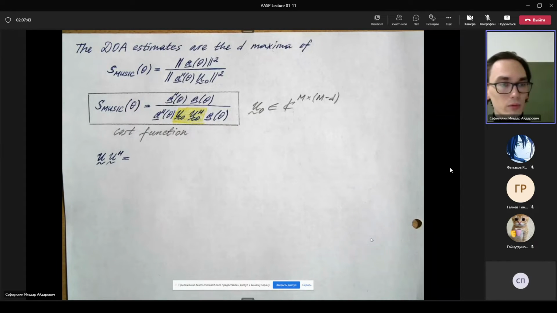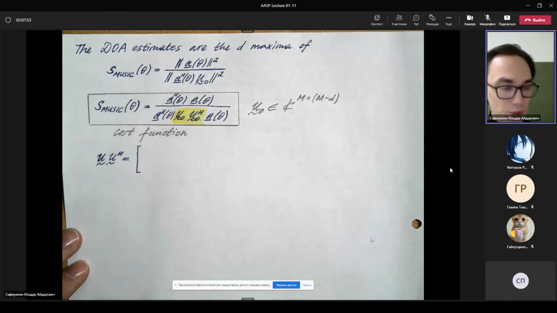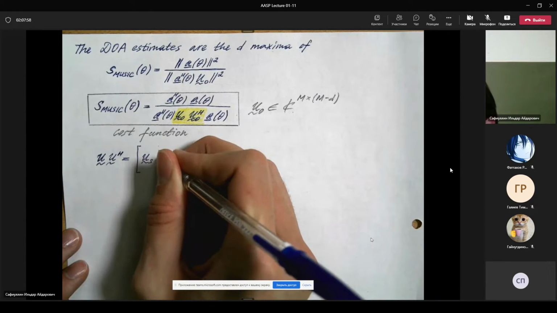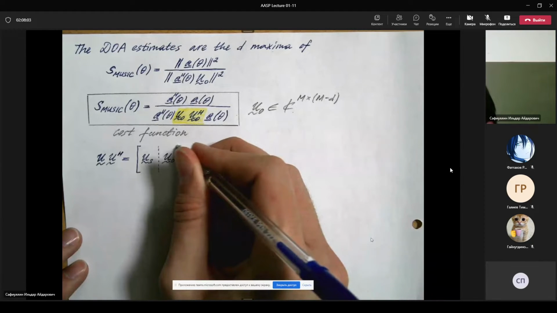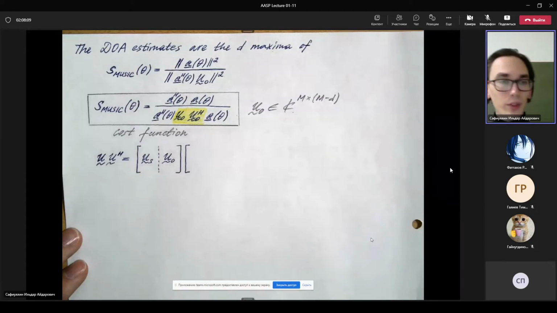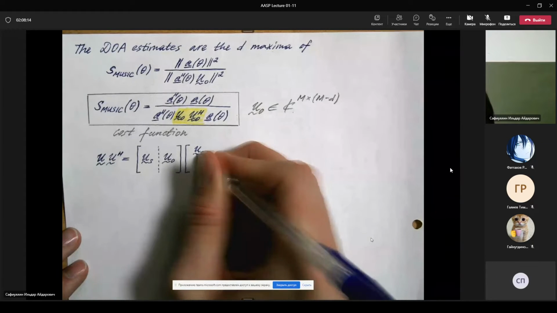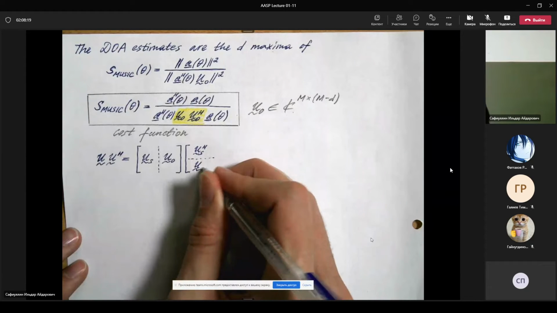First, I will show this U and U Hermitian using subspaces. So U is the concatenation of U of S and U of 0. And in the same way, U Hermitian is the concatenation of U of S Hermitian and U of 0 Hermitian.